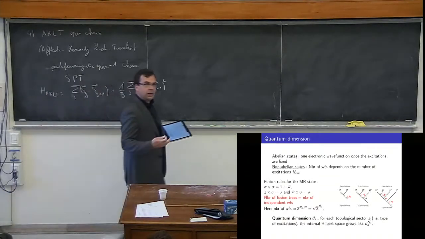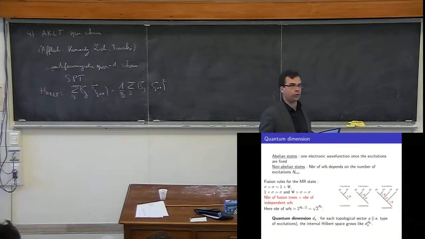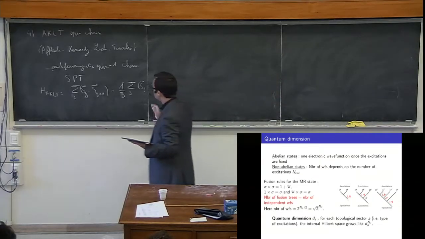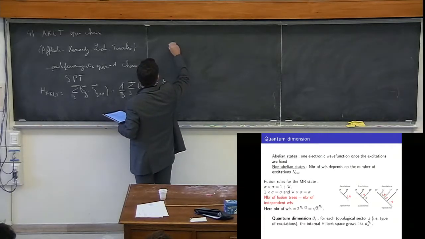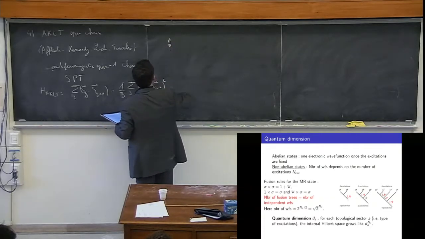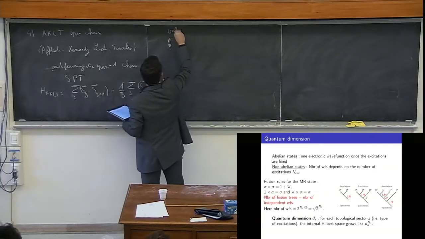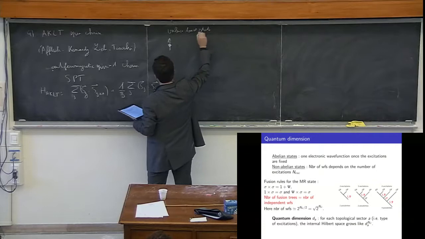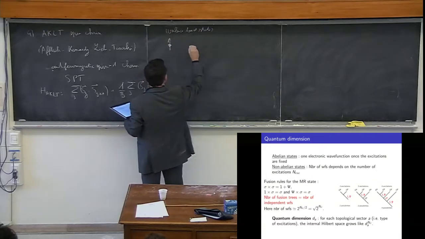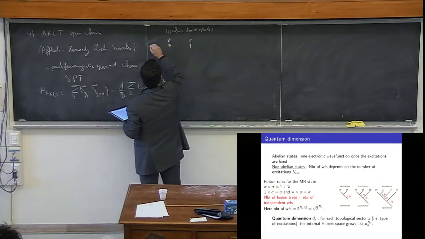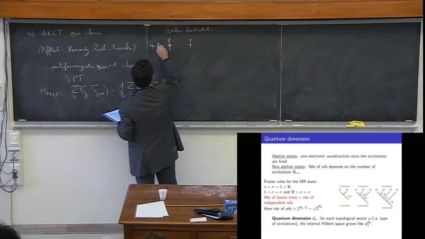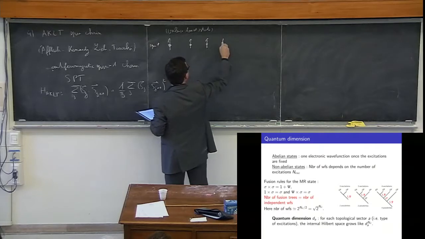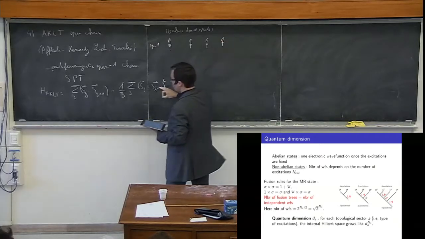There is an exact expression for the ground state of this system. The ground state of the system is a valence bond state. So if you think about your spin 1 chain, this is how you can build the ground state of this Hamiltonian.